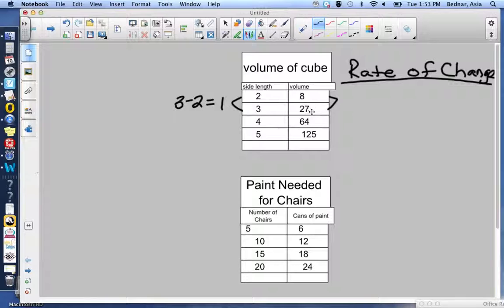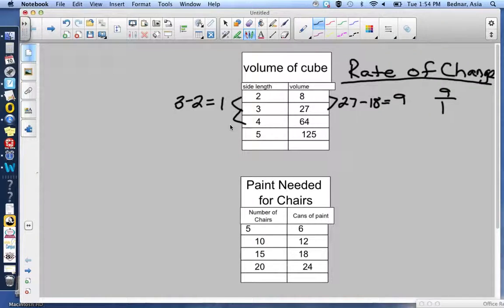Then over here I'm going to take 27 minus 8, and I should get 19, or just 9, because I should do my math right. So we'll just get 9 instead. And then I have to find what that is. So remember, we're going to put 9 over 1, and that would be the rate of change for this first set of points.